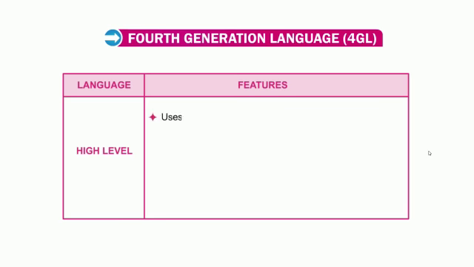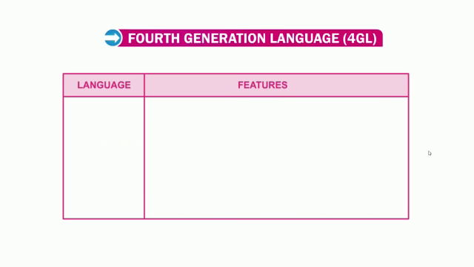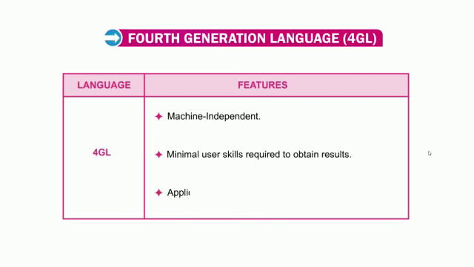High level language uses English words and mathematical operators. It is machine independent and has to be converted into machine language by translator programs, interpreters and compilers. 4GL is machine independent, with minimal user skills required to obtain results. It is an application development tool.